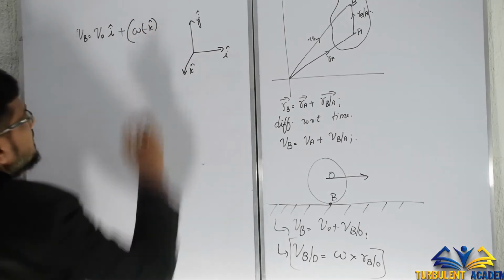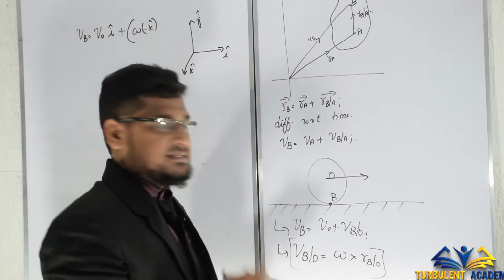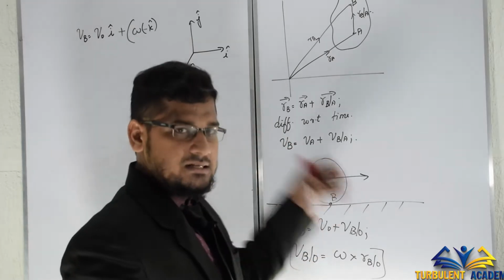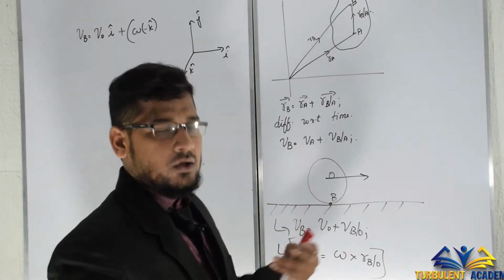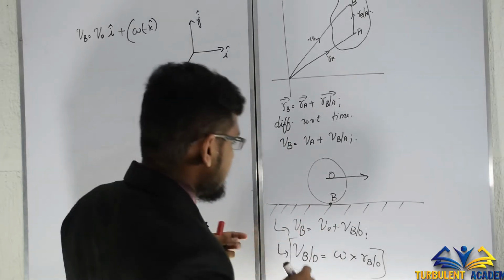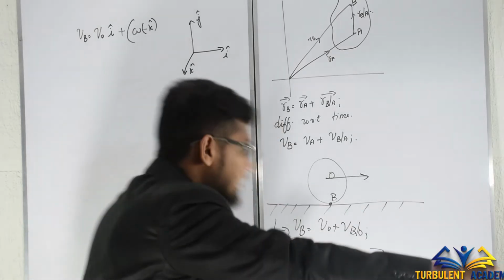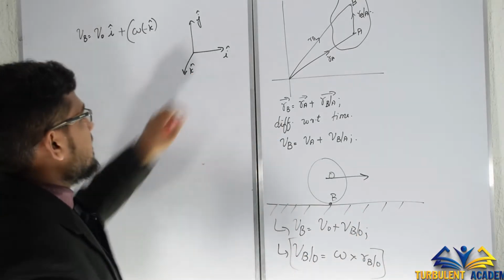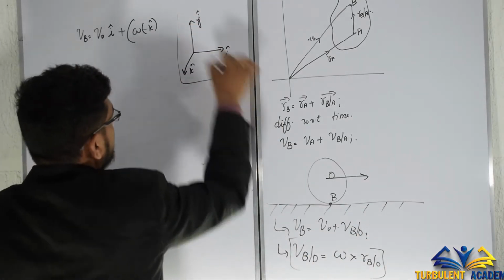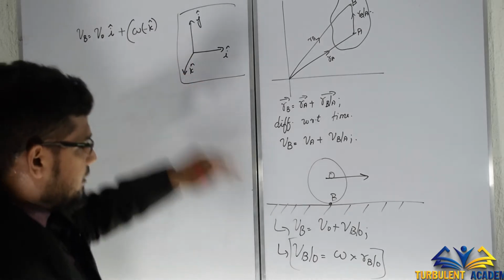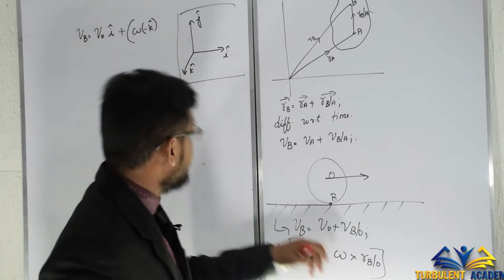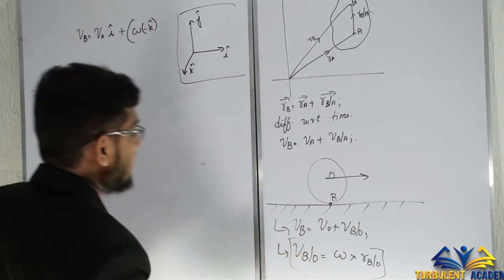If the disc rotates in a clockwise direction, our unit vector is going to go into the paper, and into the paper for our notation is negative. So omega into minus k, the negative unit vector, into R_B/O.